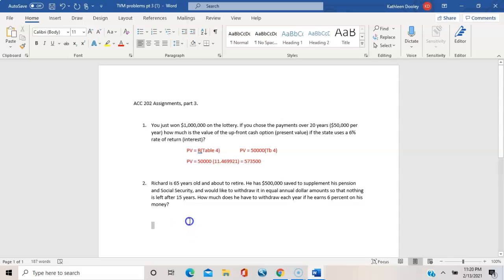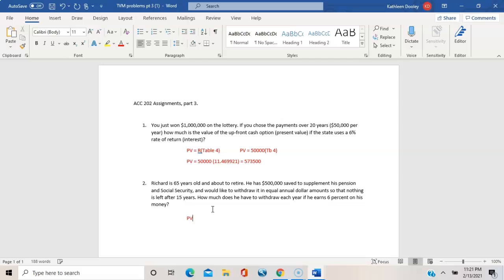Okay, so in this case, we know the present value, okay? And we know the interest is 6%. We know the years is 15 years. He wants to know the amount of payment or the rent.